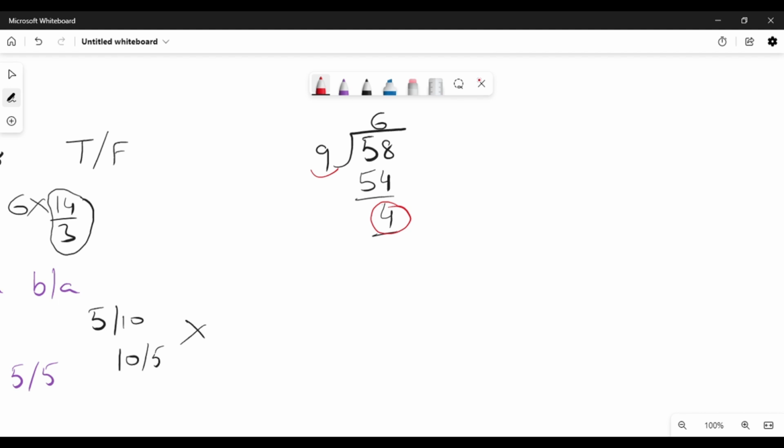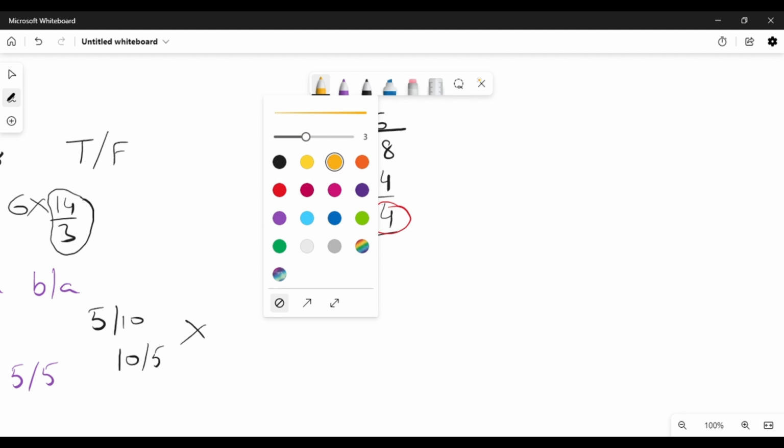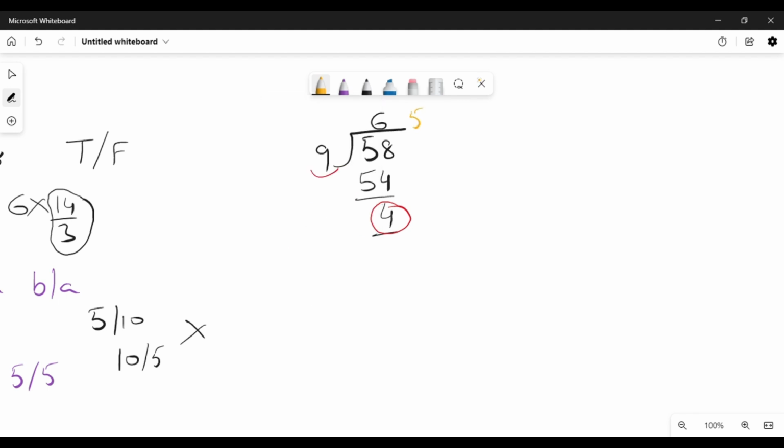By keeping this in mind, I have chosen 9 sixes are 54. If instead I had chosen 9 fives are 45, then what will the remainder be? 58 minus 45 is 13. 13 is greater than 9.